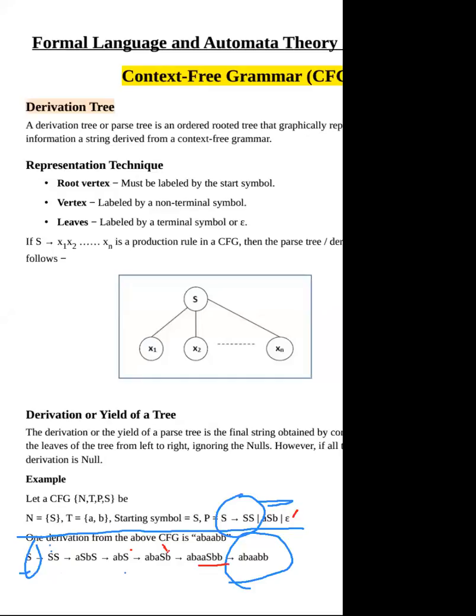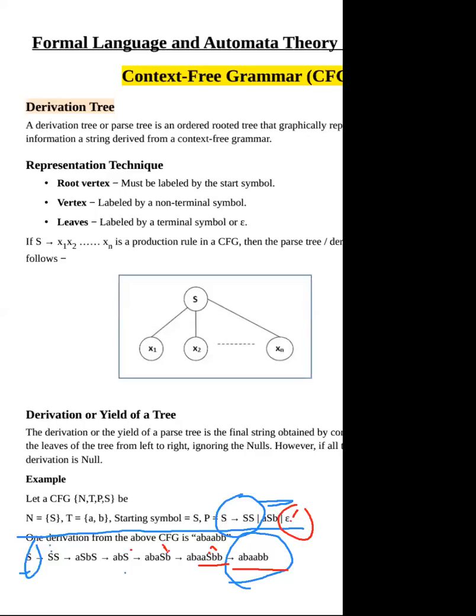So we got A, B, A, S, B, B. Finally, we can replace this S by null. So we got ABABB.